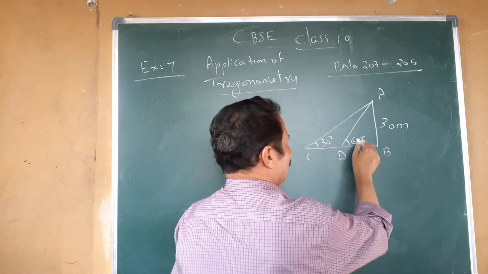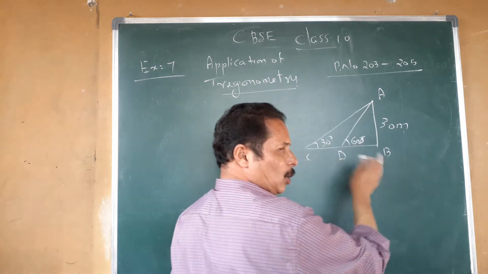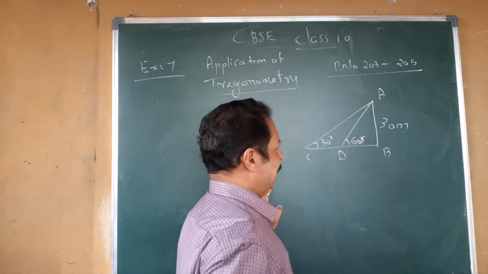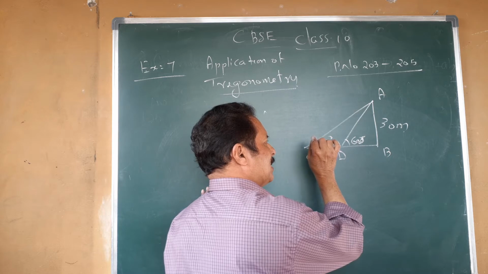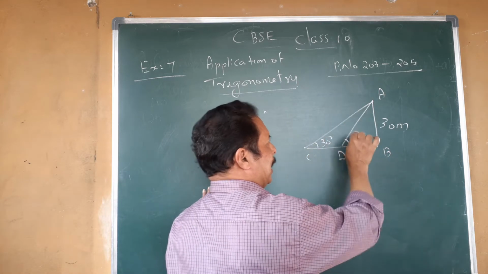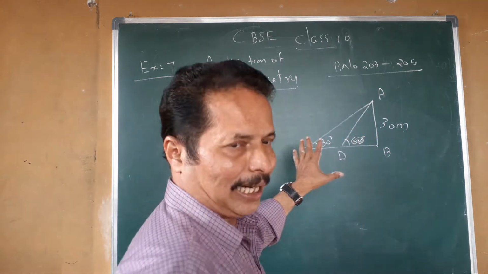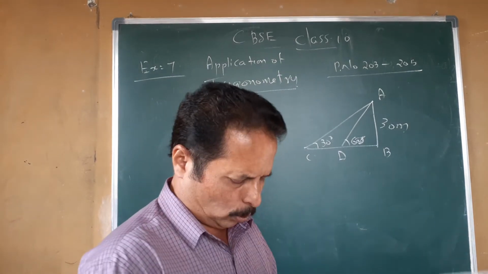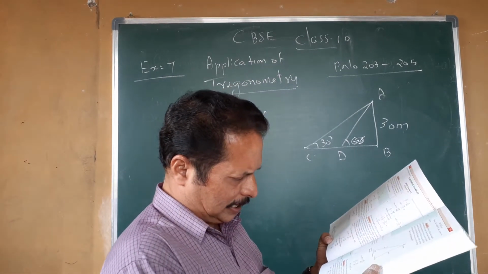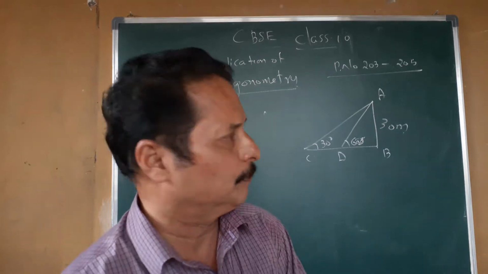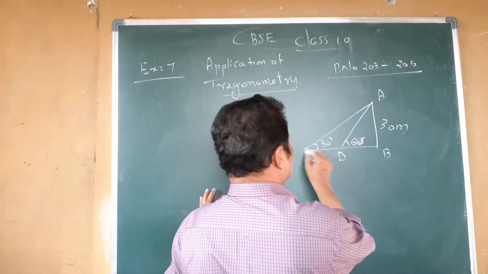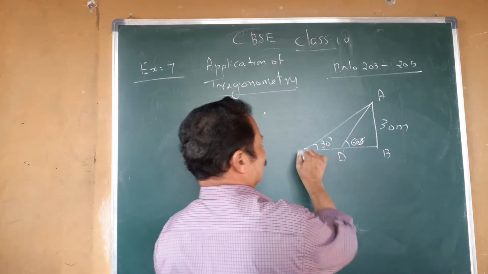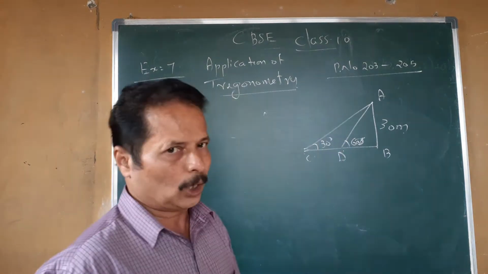Then the point is D. He is approaching the building, so the first angle of elevation is 30 degree and after some time it is 60 degree. You get the idea? And what's your question? Look here. Find the distance he walked towards the building. Find the distance walked by him. Are you ready?